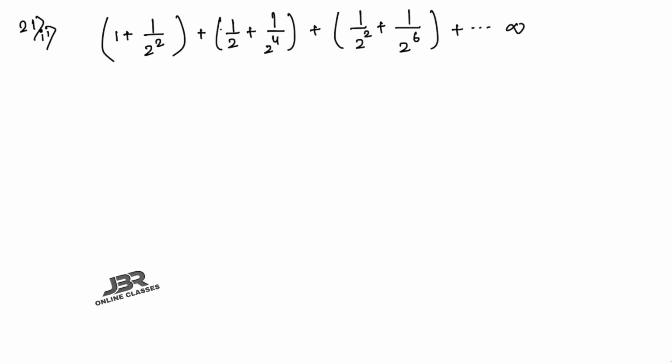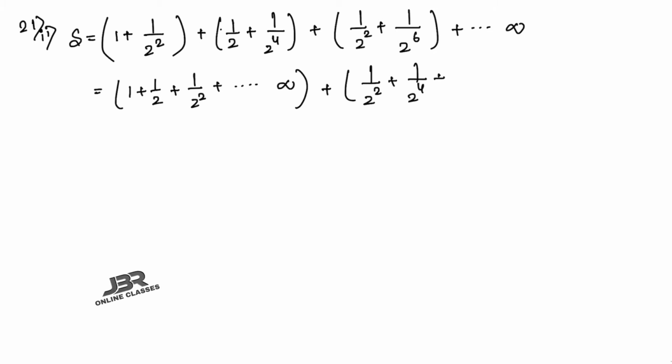So first write down this one as is. In the next line, you can write 1 plus half plus 1 by 2 to the power 2 plus dot dot dot up to infinity, and this one you can write as 1 by 2 to the power 2 plus 1 by 2 to the power 4 plus 1 by 2 to the power 6 dot dot dot up to infinity.